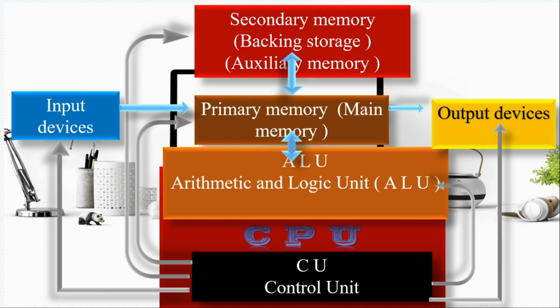So the input device is the first thing related to von Neumann architecture, and then secondary memory, primary memory, output device, CPU. It consists of two subsystems, ALU and CU. ALU means arithmetic and logical unit, and CU means control unit. These are the factors related to von Neumann architecture.